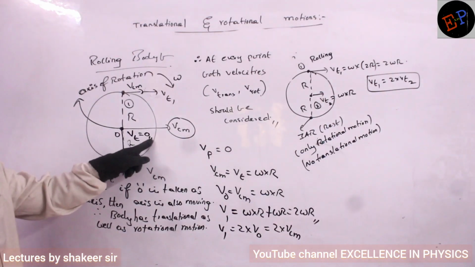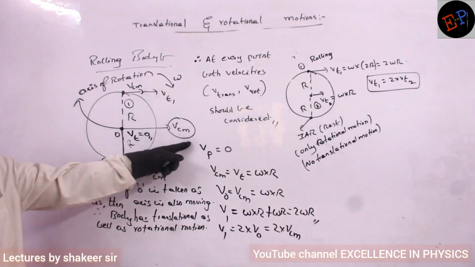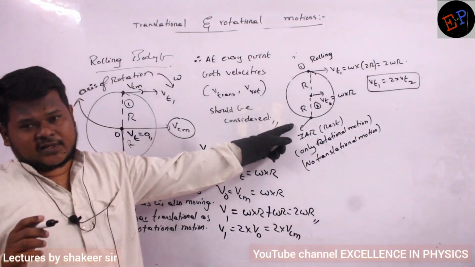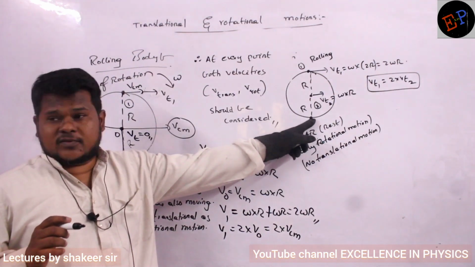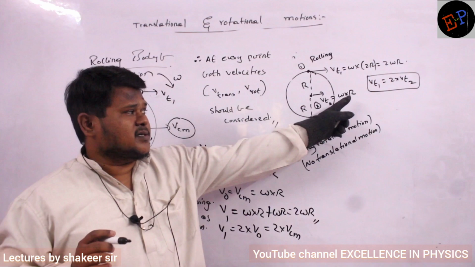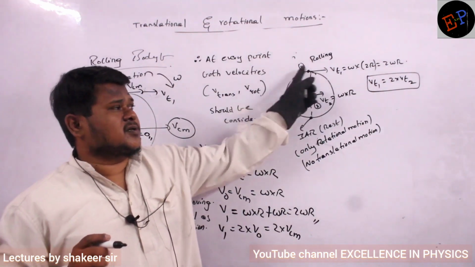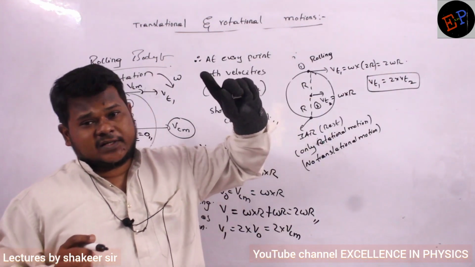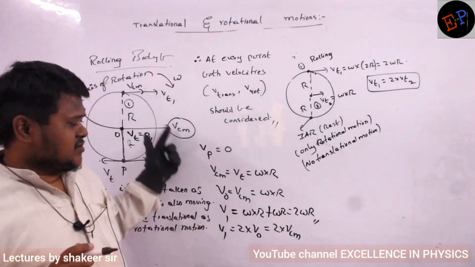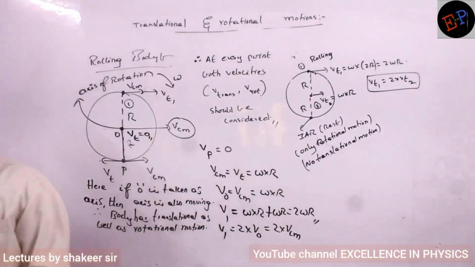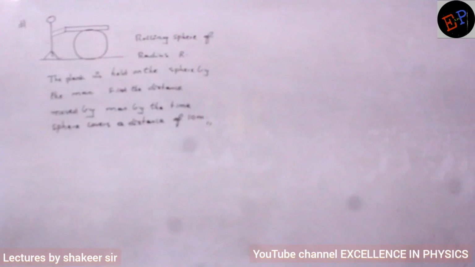So its tangential velocity will be 0, only velocity of center of mass will be there. But here, I am taking this to be my axis of rotation, so this point has only tangential velocity, and this point also has only tangential velocity. Then also I will get the same answers. Clear now?